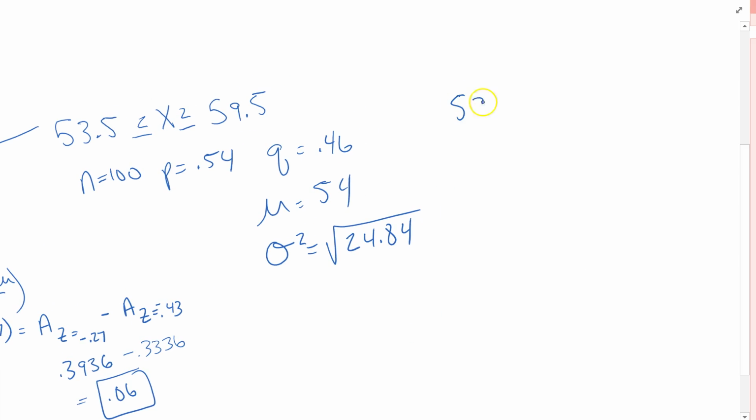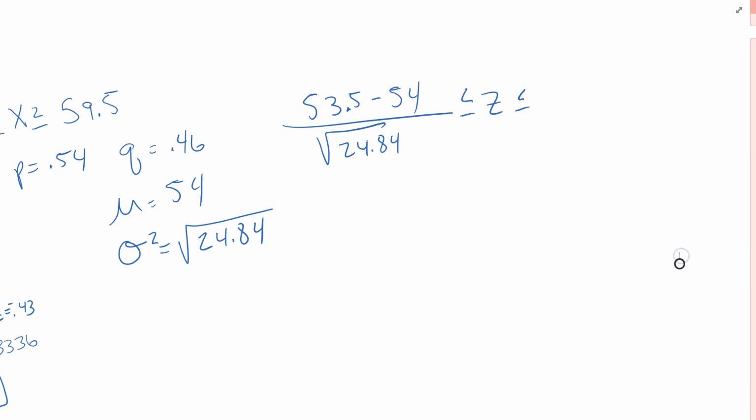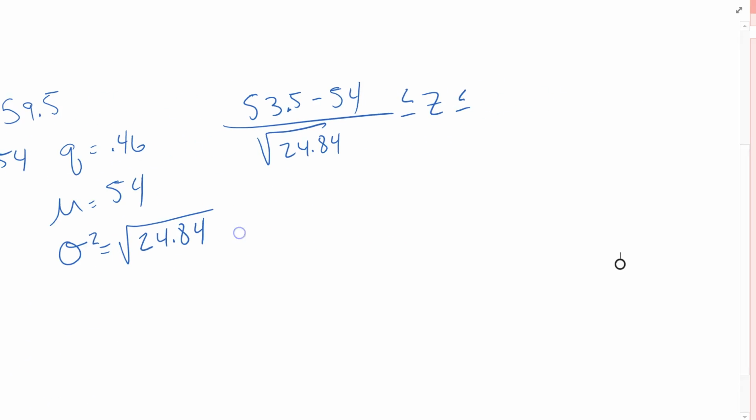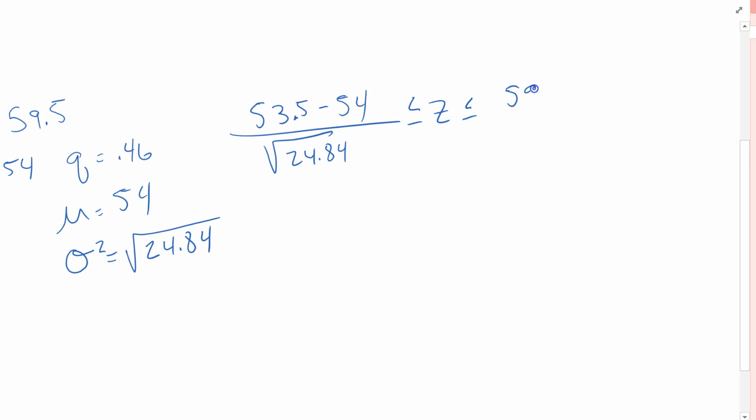So I take 53.5 minus 54 over the square root of 24.84, less than or equal to z, less than or equal to 59.5 minus 54 over the square root of 24.84. 53.5 minus 54 divided by the square root of 24.84 gives me minus 0.10.